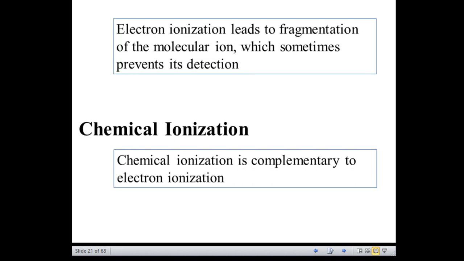That means this technique presents the advantage of yielding a spectrum with less fragmentation. So that makes the identification of the species very much easier compared to electron ionization. In other words, chemical ionization is a complementary technique to electron ionization.